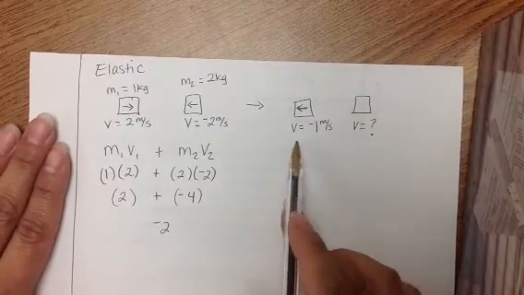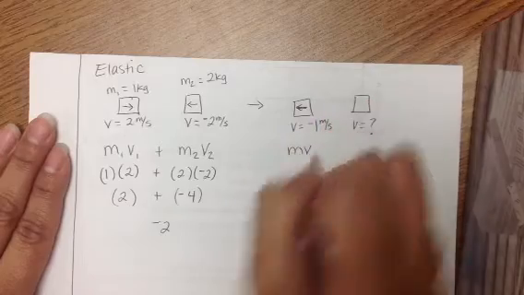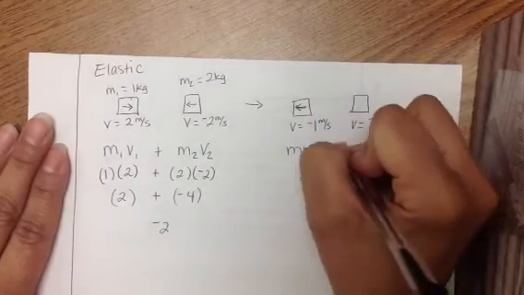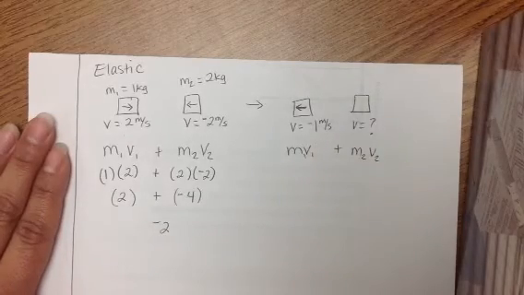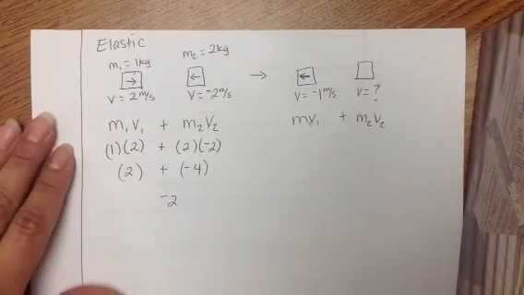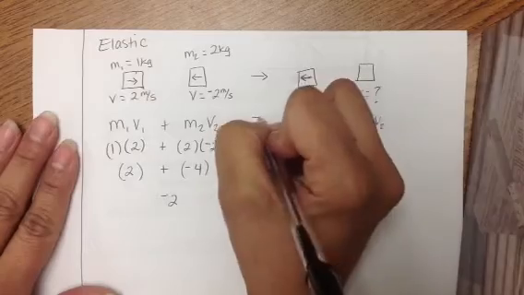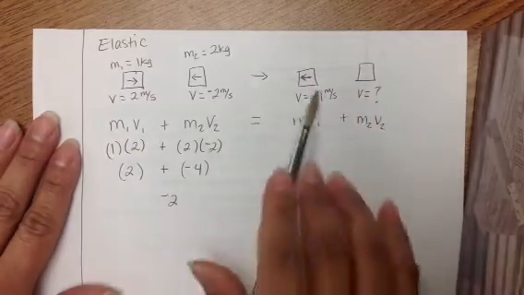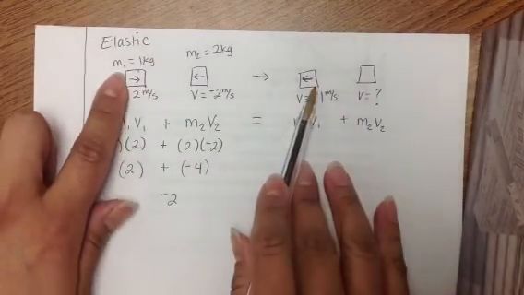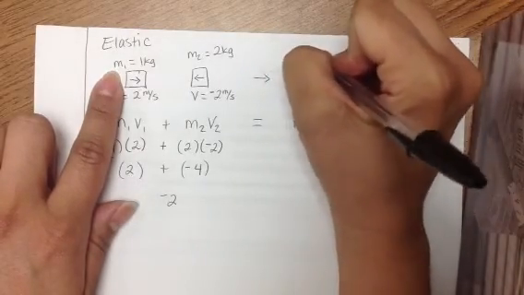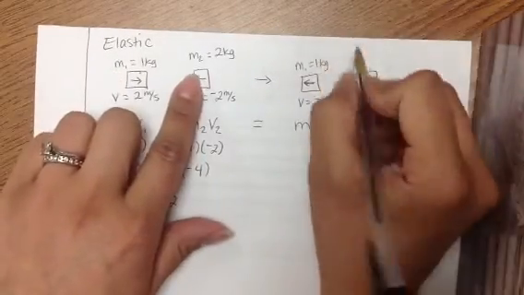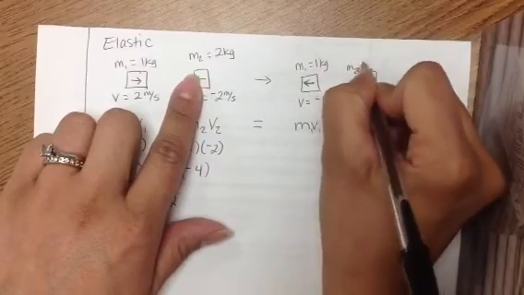So we would simply take our mass and velocity of the first object plus our mass and velocity of the second object and add them together, solving for the unknown variable. I would plug in my numbers. Now again, this is the same mass from the beginning, so M1 is still 1 kilogram and M2 is still 2 kilograms.